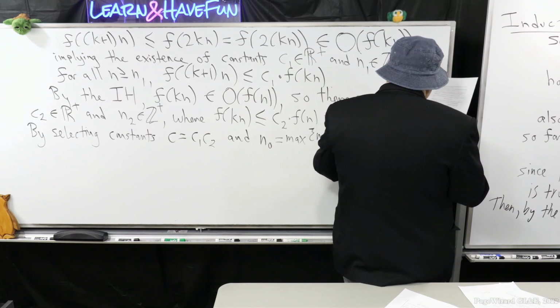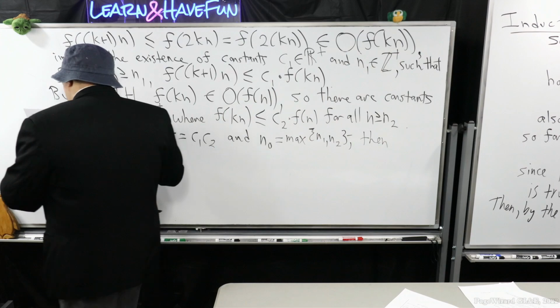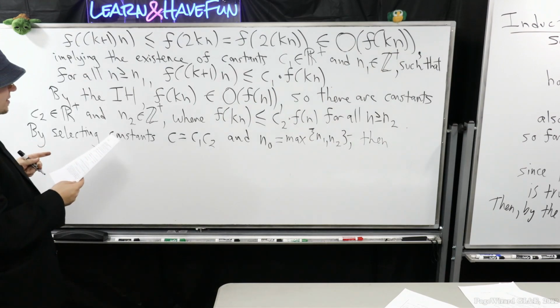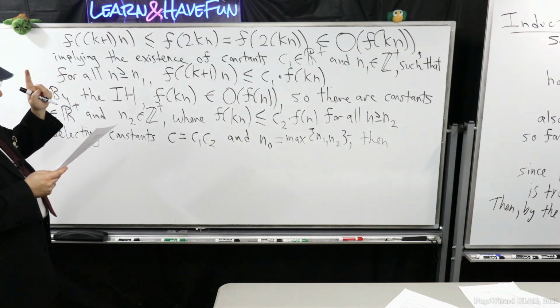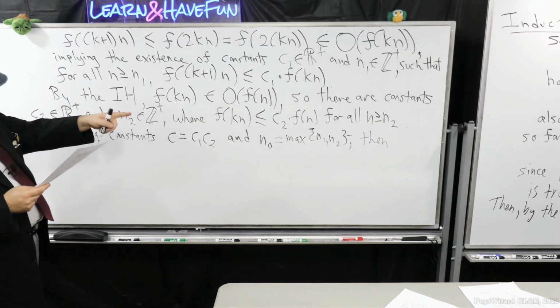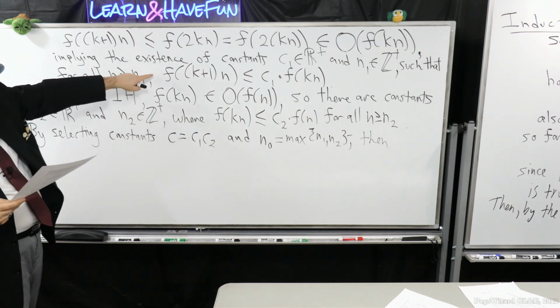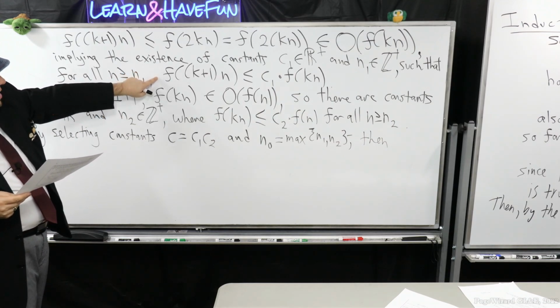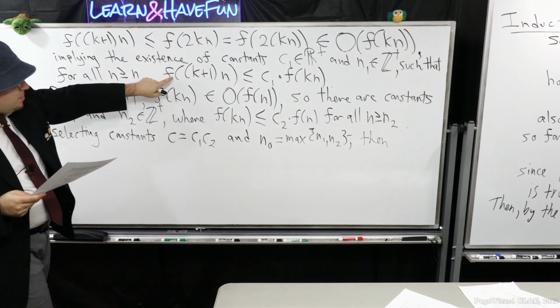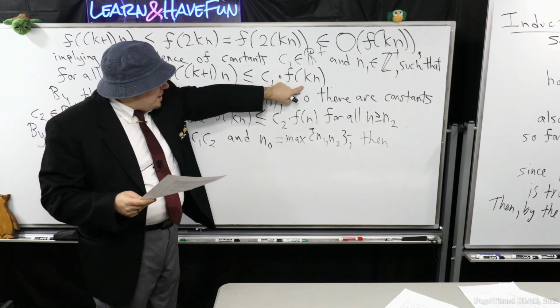Then, notice here, so watch this. Okay, so remember we have this over here, right? We have f of k plus 1 times n, which is less than or equal to c1 times f of kn.